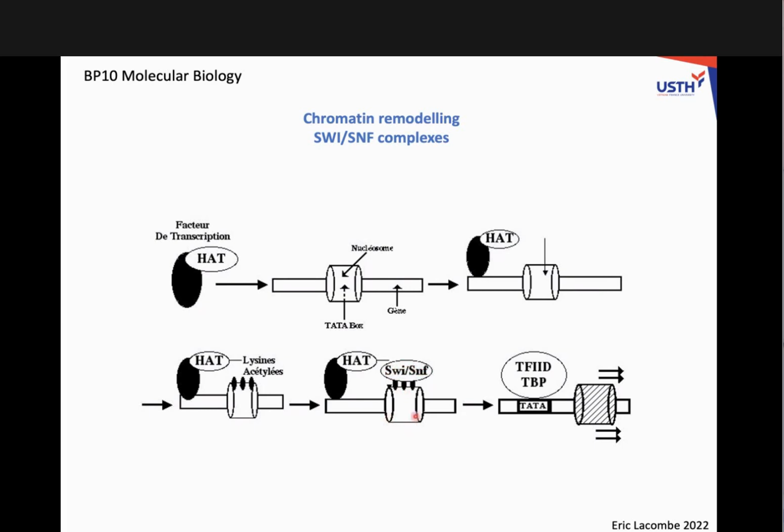When the nucleosome is in interaction with the SNF complex, this specific histone acetylase can acetylate the histone of this nucleosome, and the consequence is that the nucleosome is moved a little bit away from the region of origin. So when the nucleosome slides a little bit, it will reveal the TATA box, and then all the transcription factors and the RNA pol 2 can bind and start transcription. Do you understand the process?